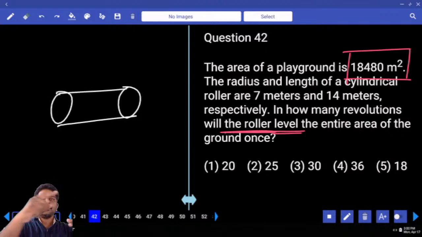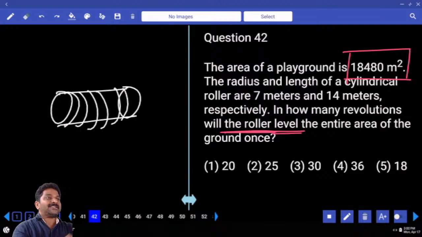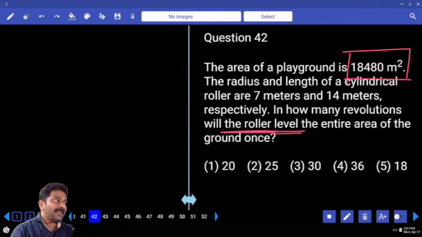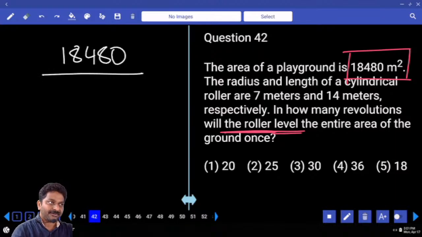So when you roll the roller, the distance that it covers is going to be the curved surface area. The roller will be in what shape? A cylinder. Curved surface area 2 pi r h. Our total area that we need to cover is 18,480.